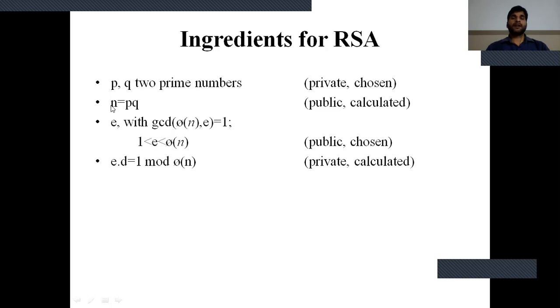Next, the value of n equals p multiplied by q. Choose the value of e with GCD of phi n comma e equal to 1 and e belonging between 1 and phi n. Then we calculate the value of d such that ed equals 1 mod phi n.